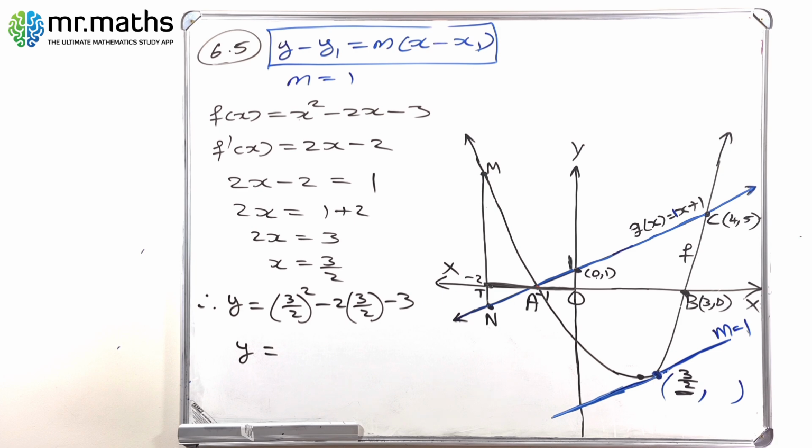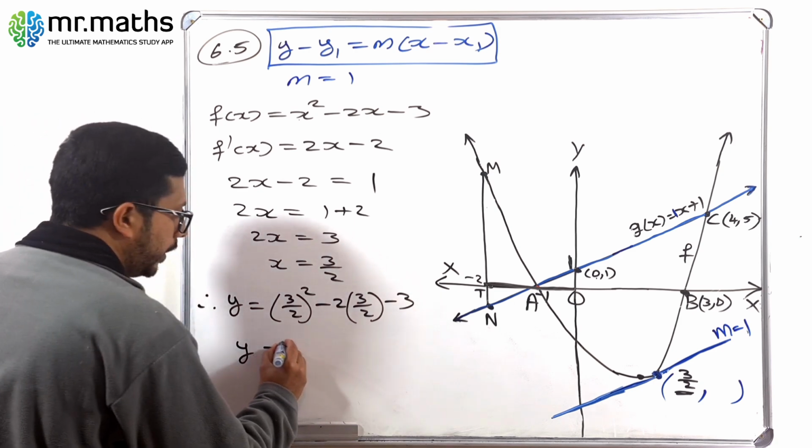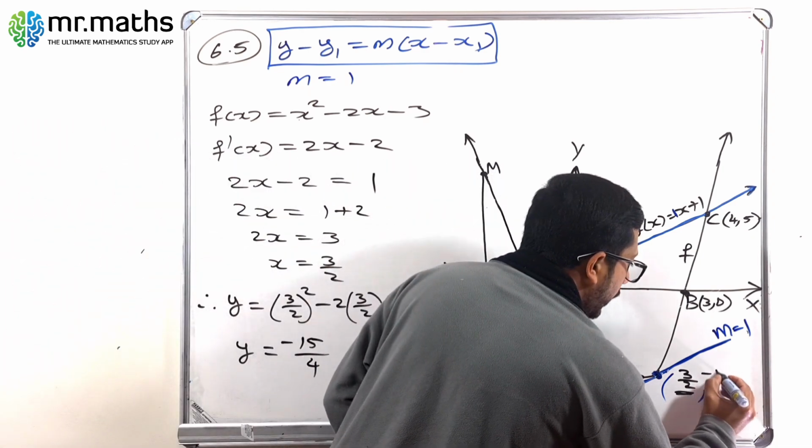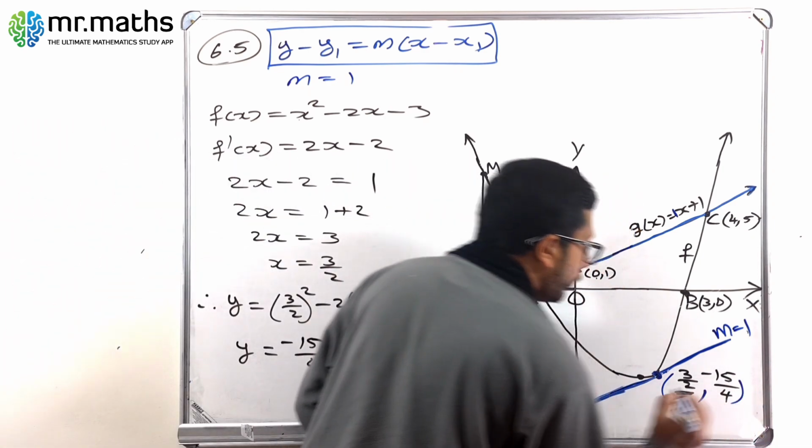Minus 15 over 4. So here the y value is minus 15 over 4.